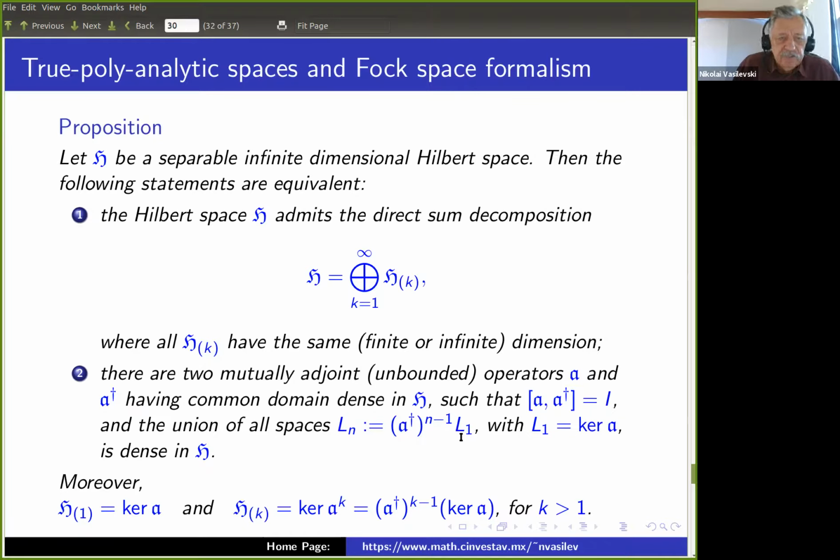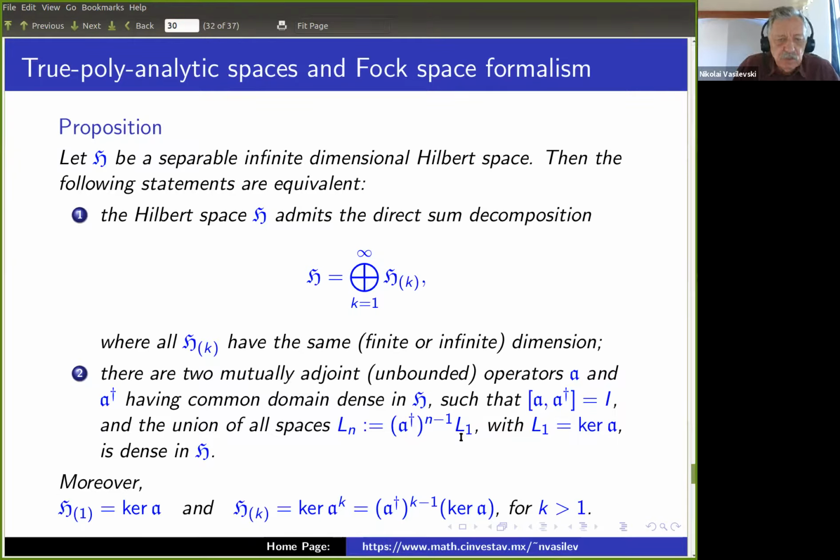First, the Hilbert space H admits a direct sum decomposition into subspaces, all having the same finite or infinite dimension.